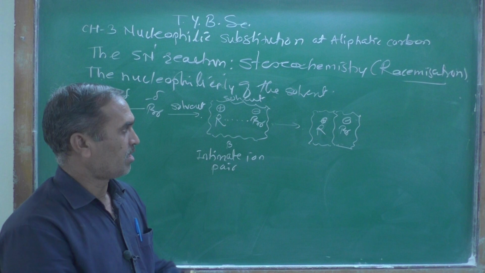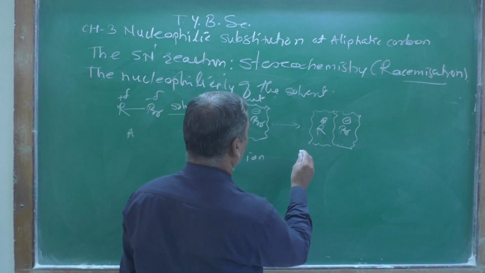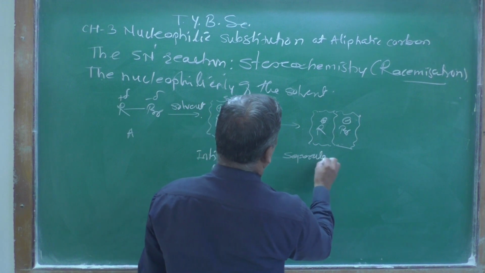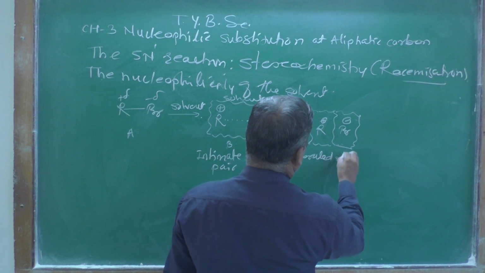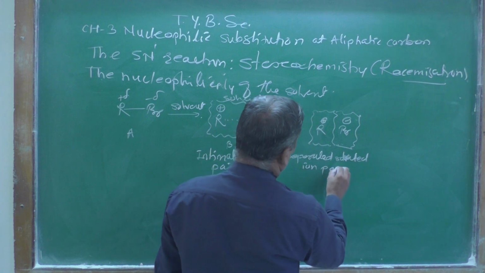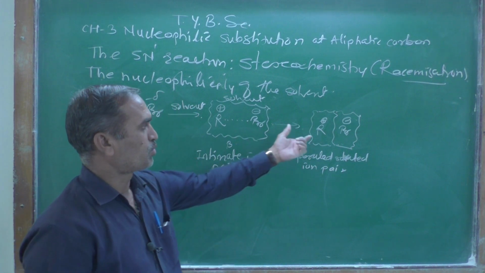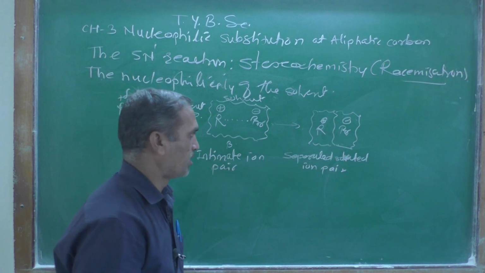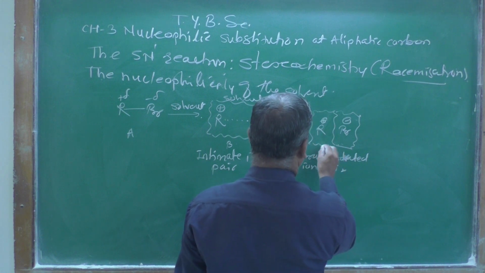They get separated by solvent, the solvent-separated ion pair. Look at these two ions, they get separated from each other. This stage is known as the C stage.